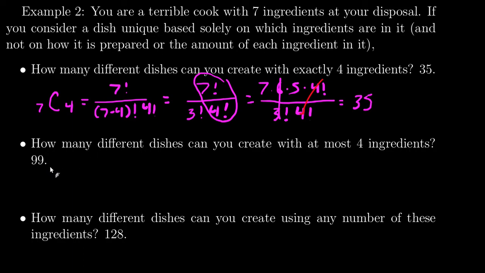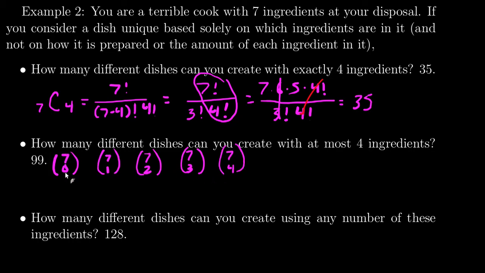So basically I just need to figure out 7 choose 0, 7 choose 1, 7 choose 2, 7 choose 3, and 7 choose 4. Now, I'm either doing 0 ingredients or 1 ingredient or 2 ingredients. I'm not going to do 1 and 2 ingredients at the same time, so I'm not multiplying. I am adding these up.